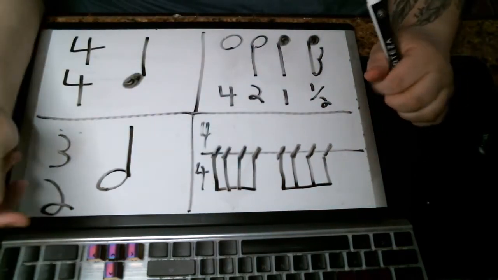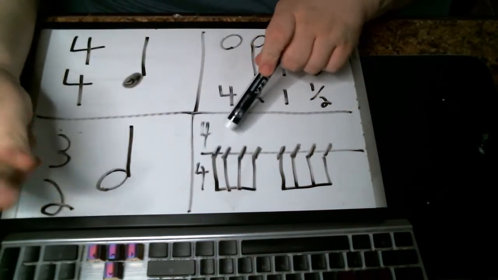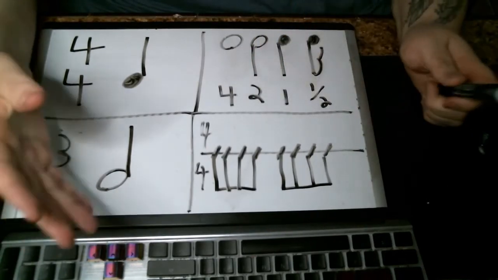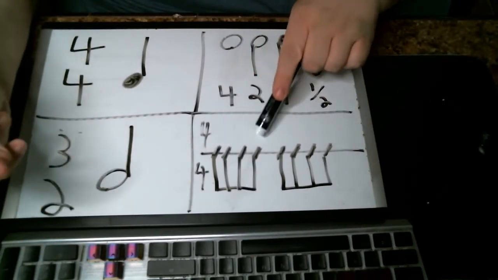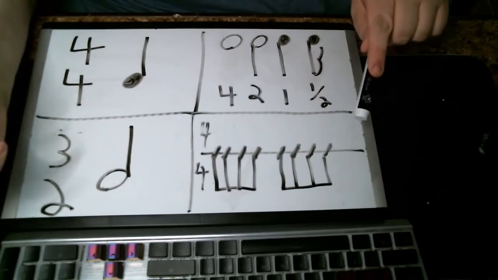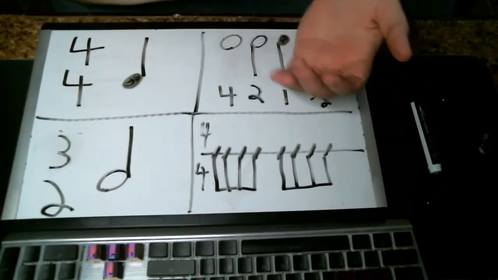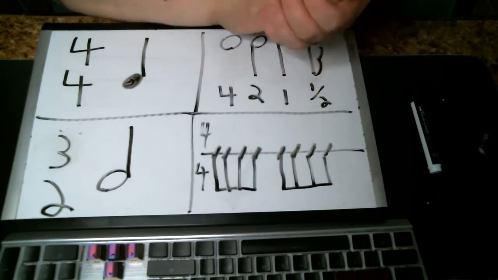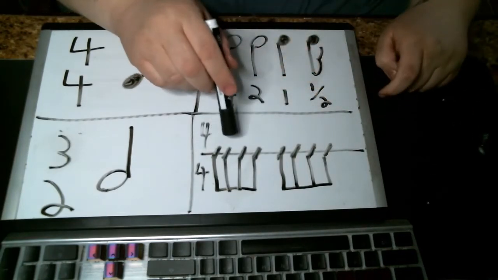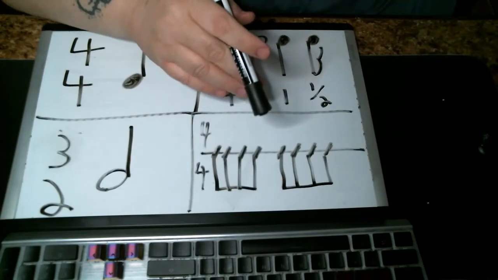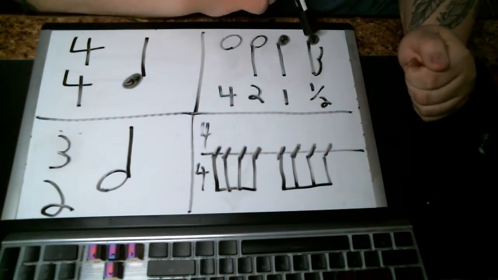I go 1 and 2 and 3, oops, I'm doing this wrong. 1 and 2 and 3 and 4 and. Just right through my beat. If I was going to clap it, 1 and 2 and 3 and 4 and. Just going right over them. And again, we can mix this in with all the other ones that are up here.